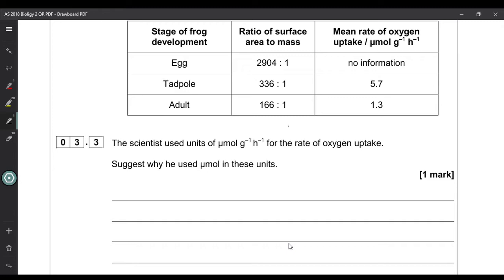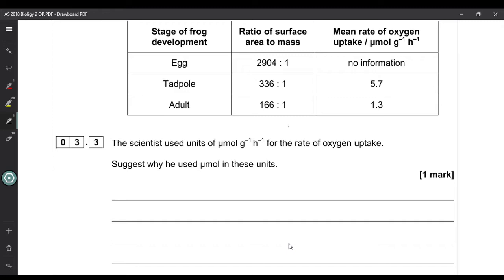Now, obviously, the amounts of oxygen that are going to be taken up are going to be really small amounts because these are small organisms. So, because they're such small amounts, rather than use really small values with lots of decimal points or using standard form, if we use micromole as opposed to mole, then we're going to get whole numbers rather than these fractions.